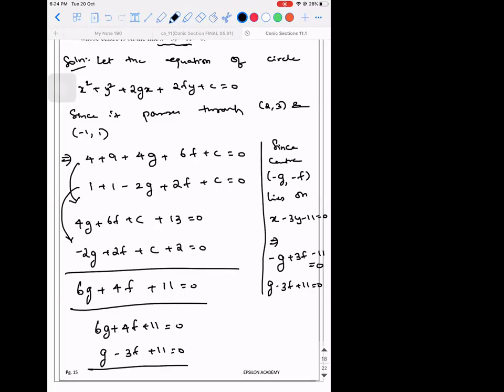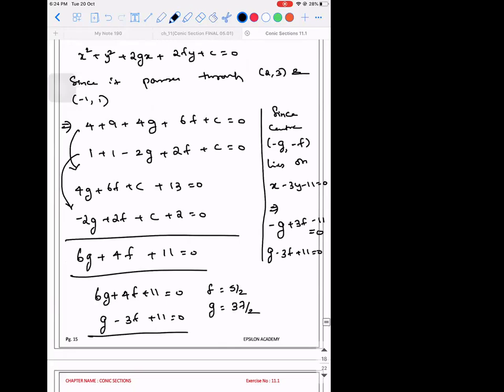Okay, what about g? I'm getting 37 by 2, sir. 37 by 2. Others? Is this satisfying? Let's check. Let's substitute and see: 37 by 2 minus 15 by 2 plus 11. 37 minus 15 is 22, 22 by 2 is 11. It is satisfying. I think that is the answer, right?